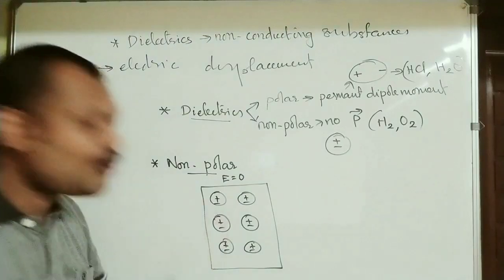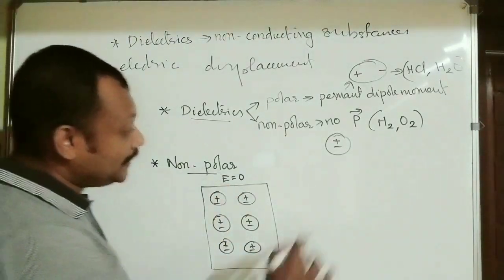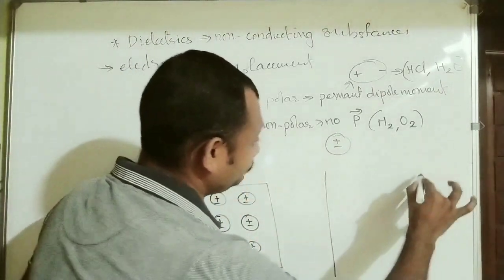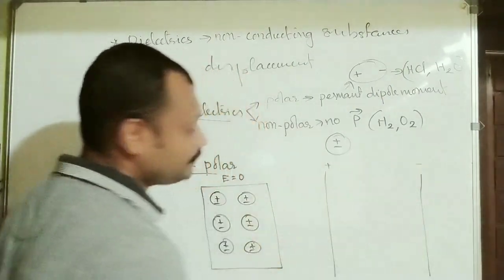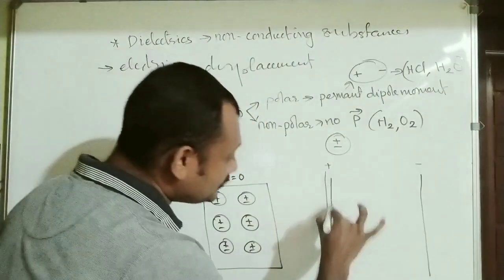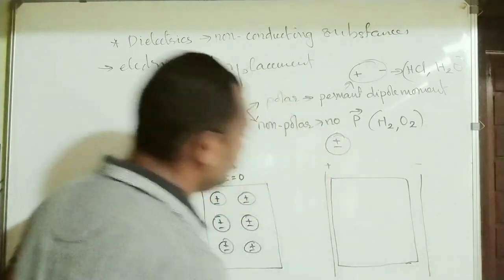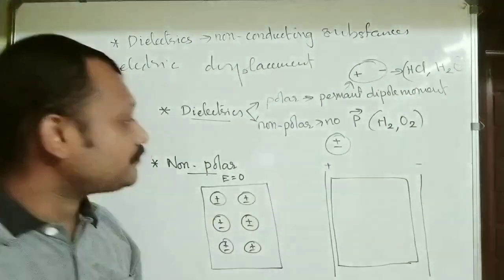Now what will happen if such a dielectric is placed in an external field? This is a positively charged plate, this is a negatively charged plate, and I am placing this dielectric in the presence of an external field. What is the direction of this electric field?